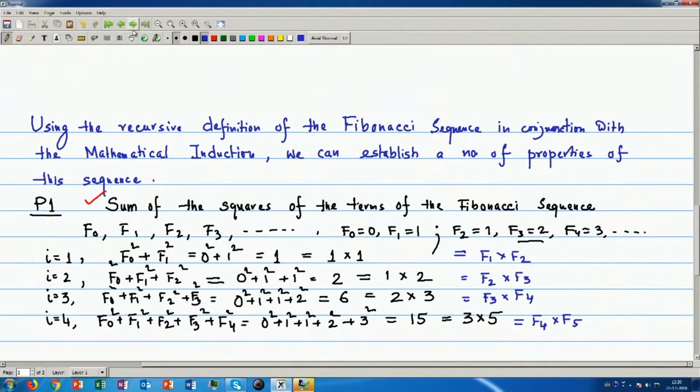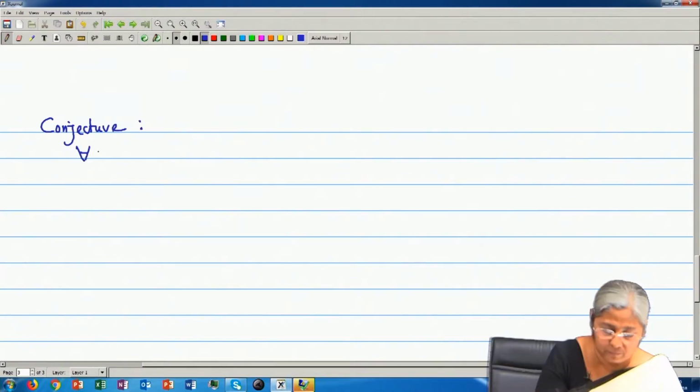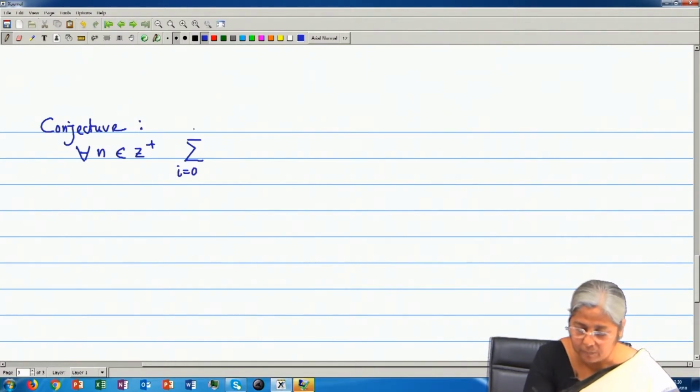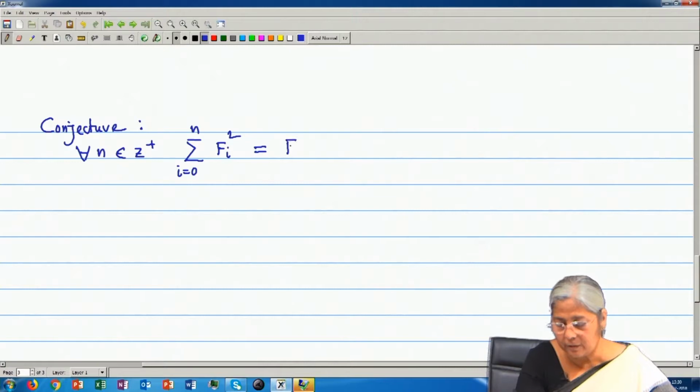So, we can frame the formula. We can write the conjecture that for all n belonging to Z plus, the set of positive integers, the sum of squares of the Fibonacci terms up to n terms, the sum of f i square, becomes f n into f n plus 1.